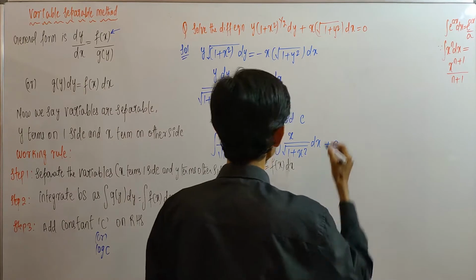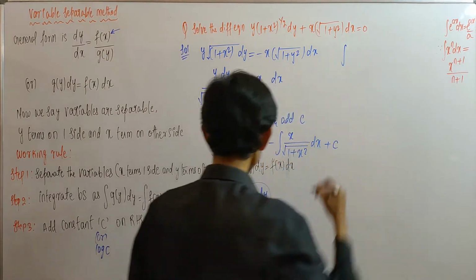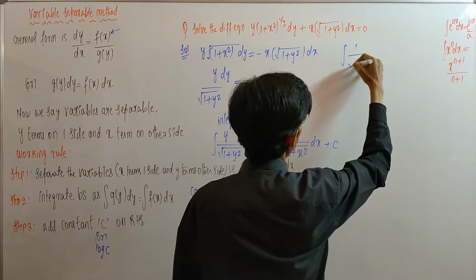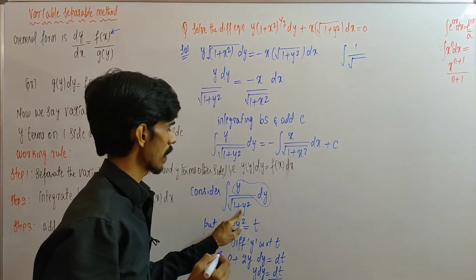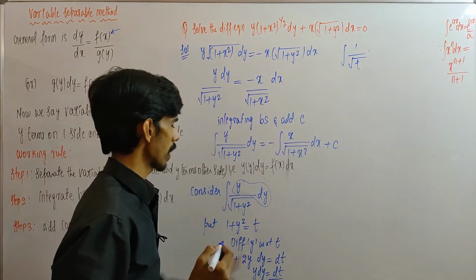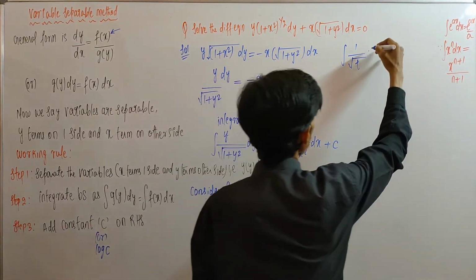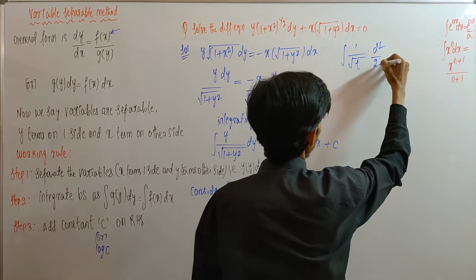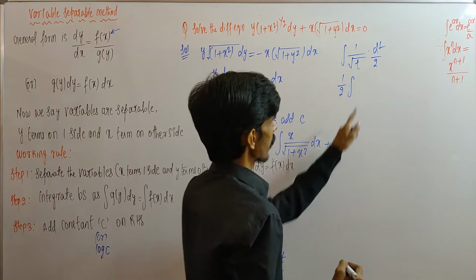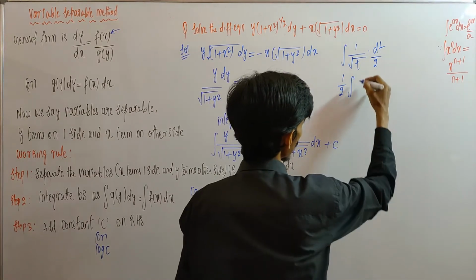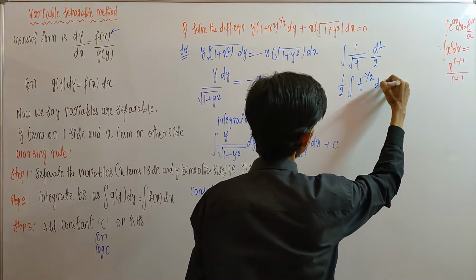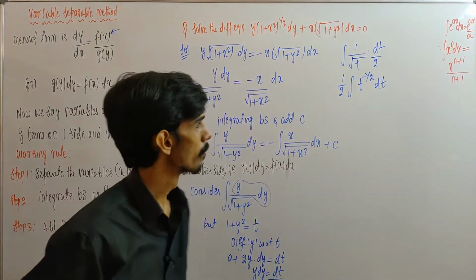So here I'll get integration of 1 by root, this value is taken as t, y dy value is dt by 2. Take this 1 by 2 here, integration. If I take this root t to the numerator, it will become t power of minus 1 by 2 dt.